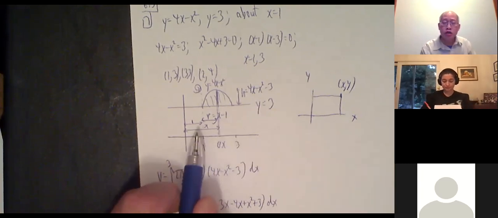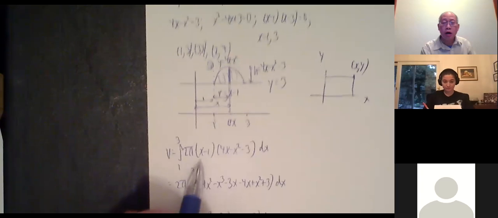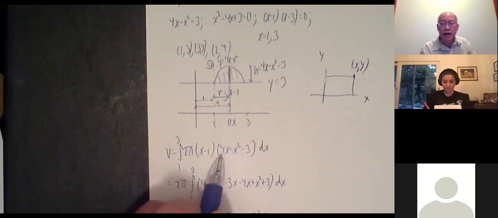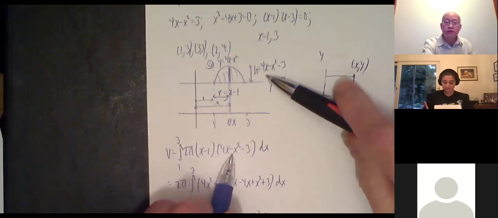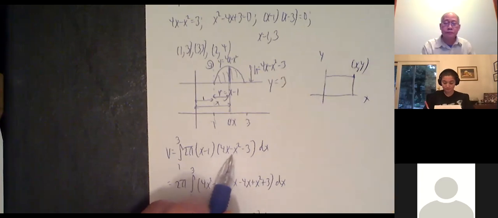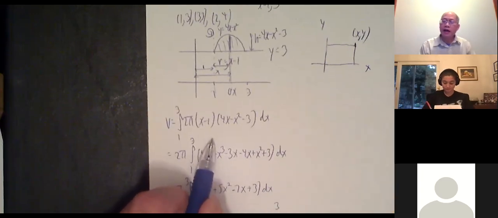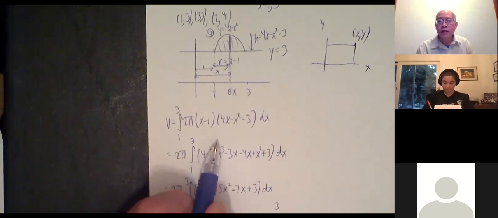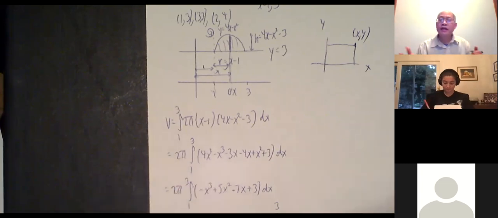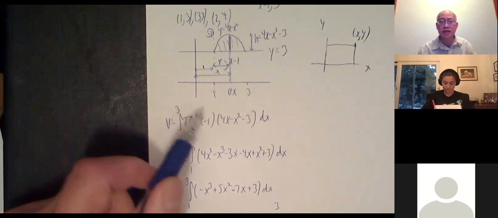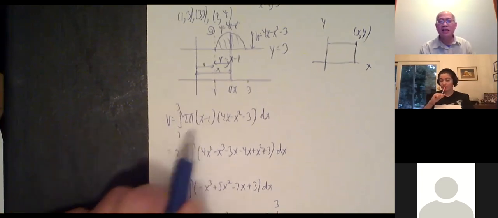Okay, so I'm going to be integrating 2 pi r h. r is x minus 1. h is this guy, 4x minus x squared minus 3. Right, so again, that's why I don't want you to think in terms of integrating 2 pi x y. In the easiest case scenarios, yes, it was 2 pi x y, but this is not an easiest case scenario. All right, so that's essentially it.